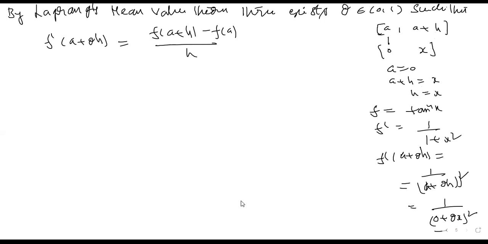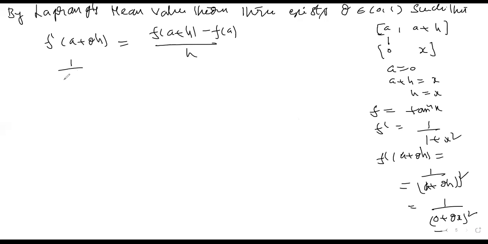What is f? f equals tan inverse of x. The derivative is 1 by 1 plus x square. We require f dash of a plus theta h, so at the place of x square, we have to substitute a plus theta h whole square. So a equals 0 and h means x. Substitute this value, and you will finally get 1 by 1 plus theta x whole square. Substitute that value here.